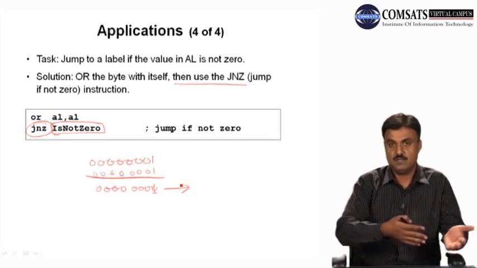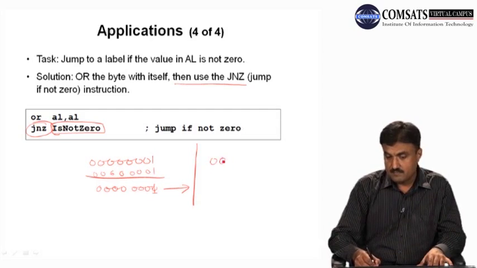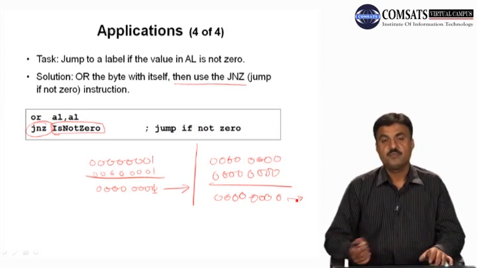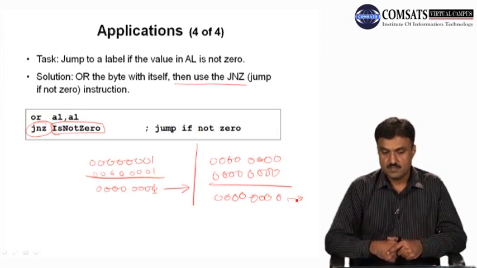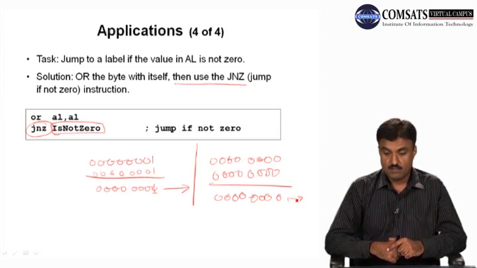How can we test? For example, if the value inside AL is already 0 and we perform OR with 0, the result will be 0. So this will be the new value assigned to the AL register.